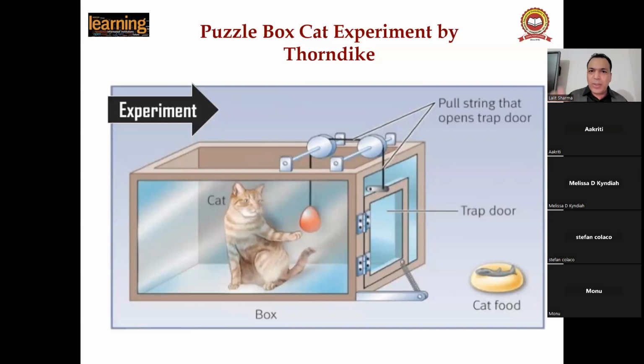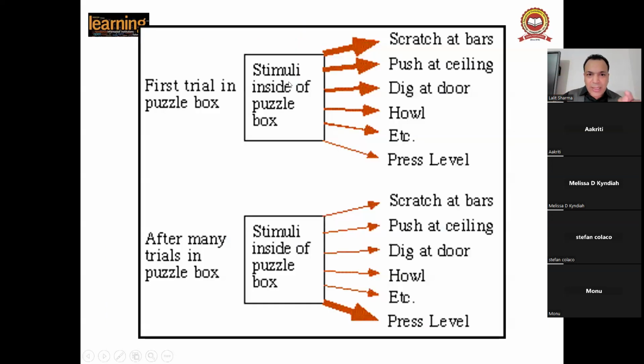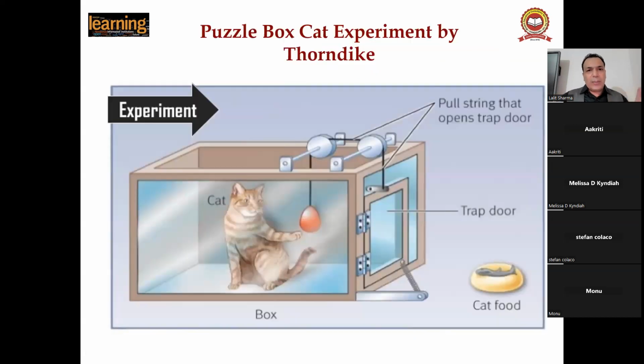These are all the actions Thorndike described; this is called the stimulus inside the puzzle box. Scratching the bar, pushing the seal, digging at the door. So ultimately what happened? Again, suddenly her paw came on the lever and the door opened. The cat came out of the cage and got her reward.